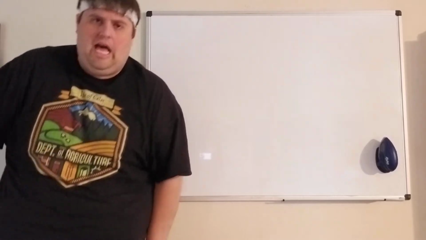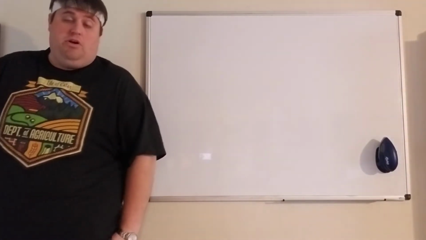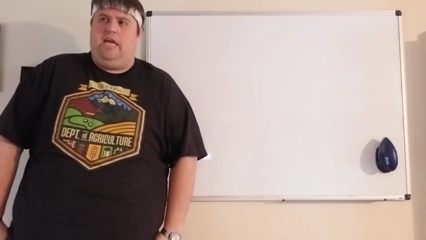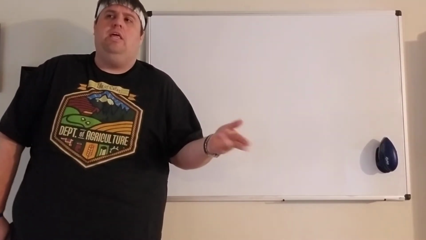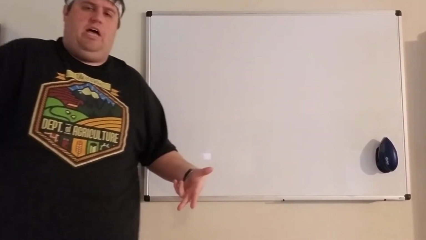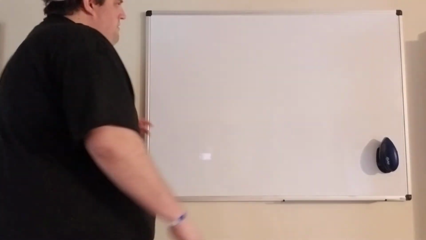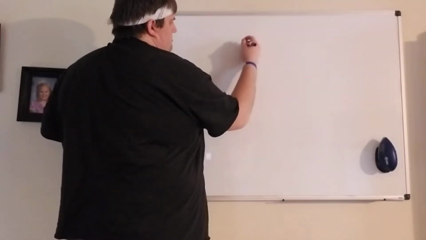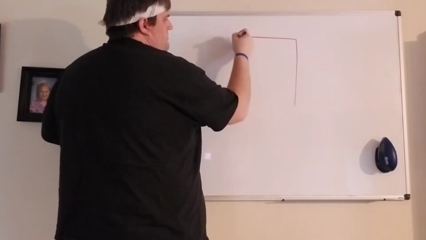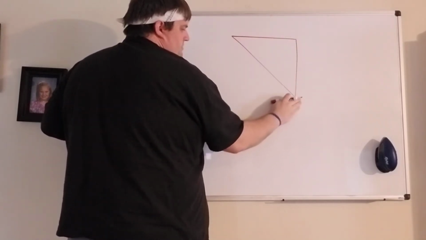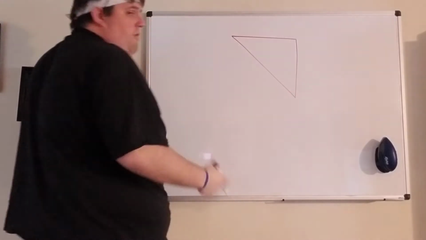Okay? The converse of the Pythagorean theorem, it's the same math, which is great, but it's going to try to show me if a triangle is in fact a right triangle. So, for example, I have this triangle, and I don't know if it's a right triangle.